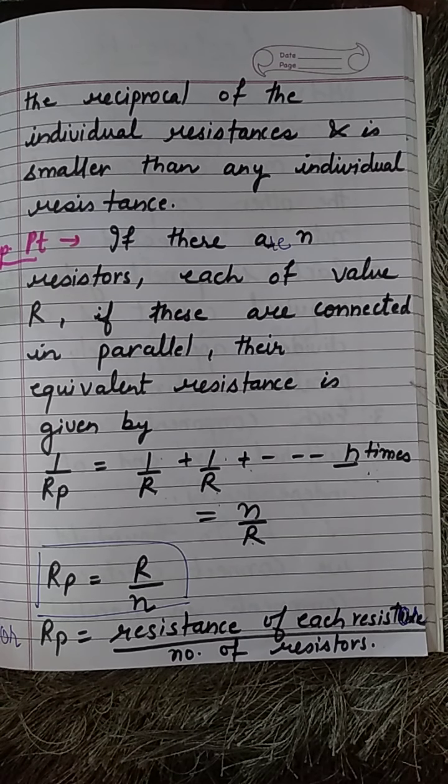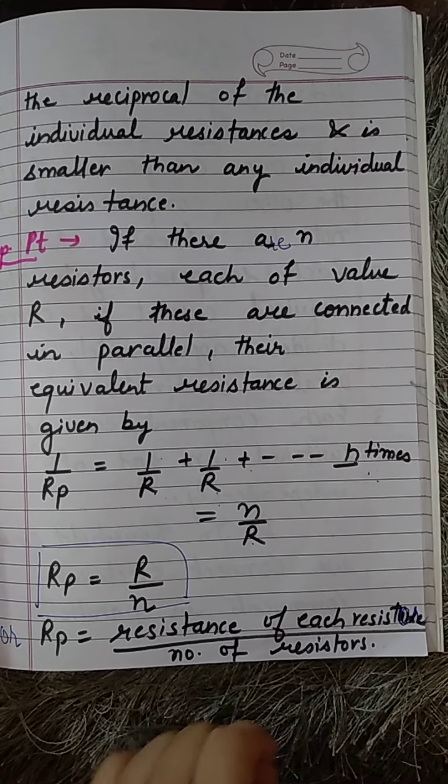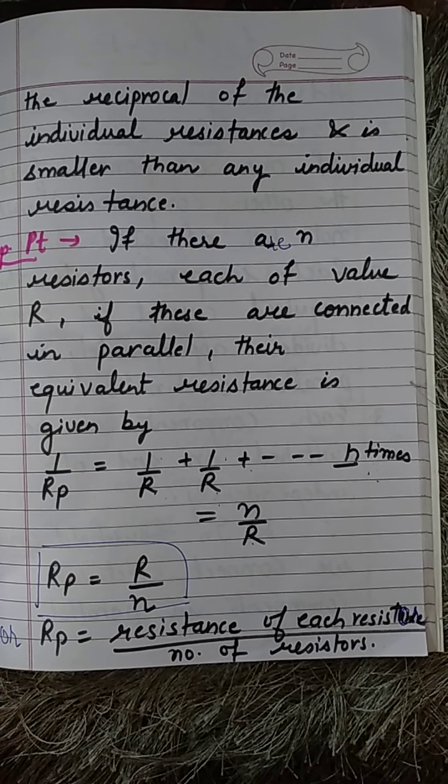Third thing is, in series combination the value for equivalent resistance will be greater than the greatest value. Means if we want to find out the highest value for resistance, we will be using the formula for resistance in series, but in the parallel combination the value will be lower than the least value. That means if we want to find out the lowest value, the value will be lowest in parallel combination.